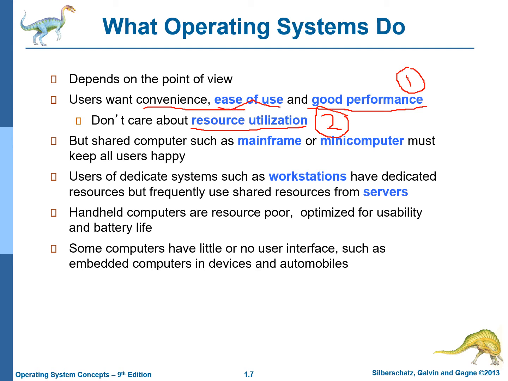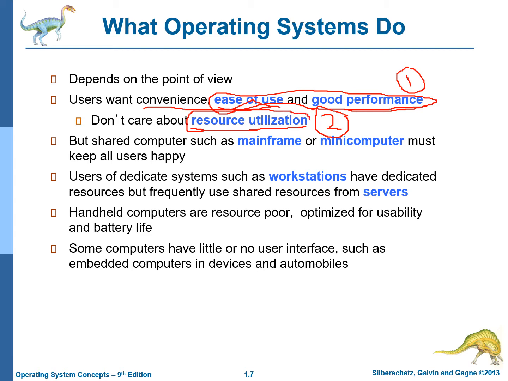So it primarily targets ease of use and good performance. So based on these objectives, these operating systems work. They are primarily concerned about providing good user experience and good performance. They don't bother about resource utilization.